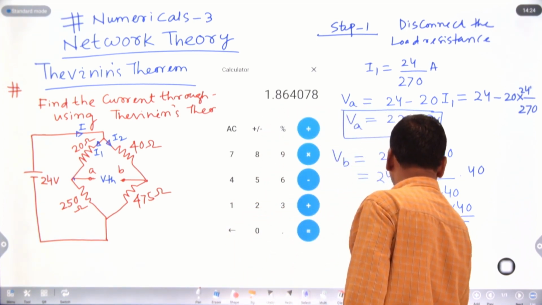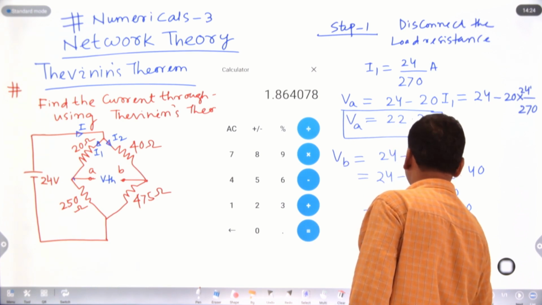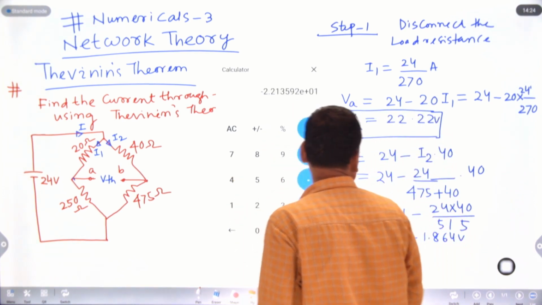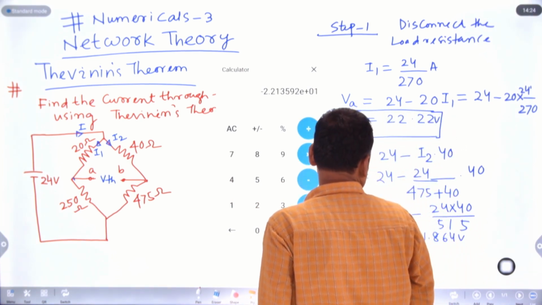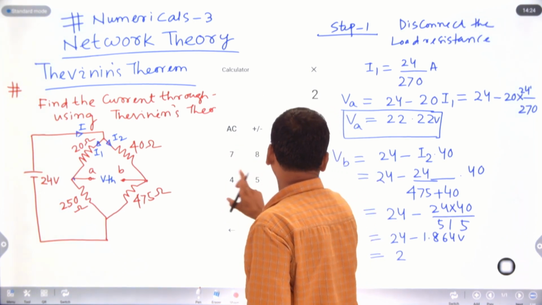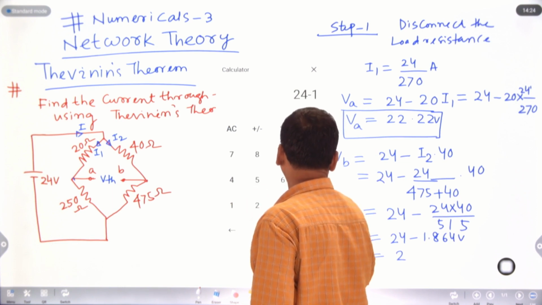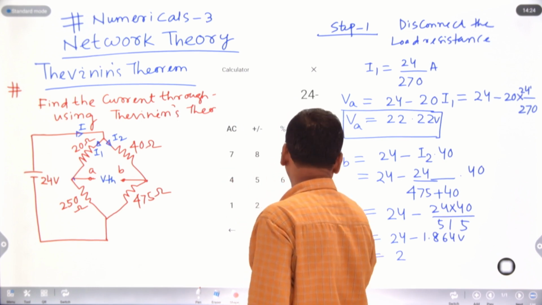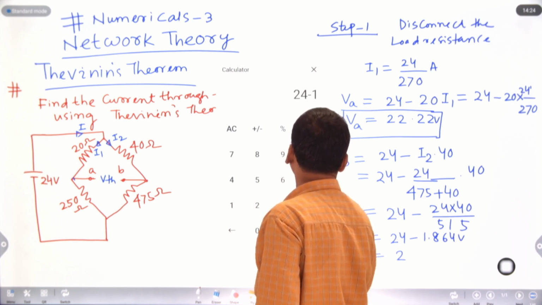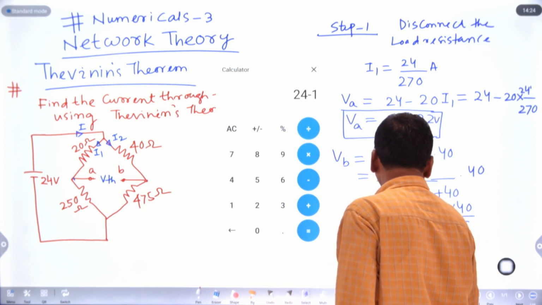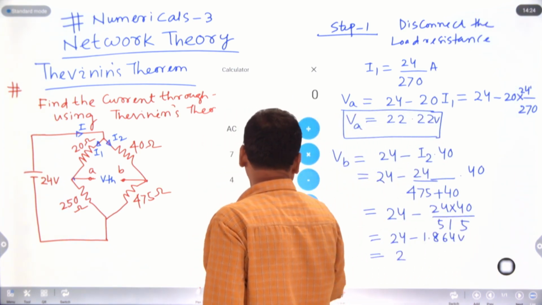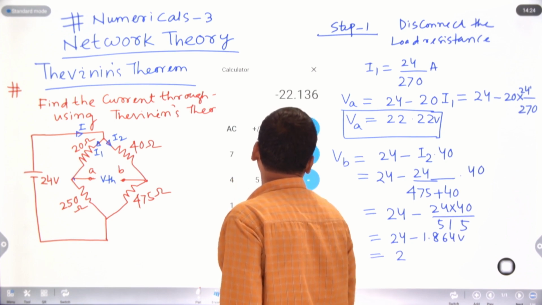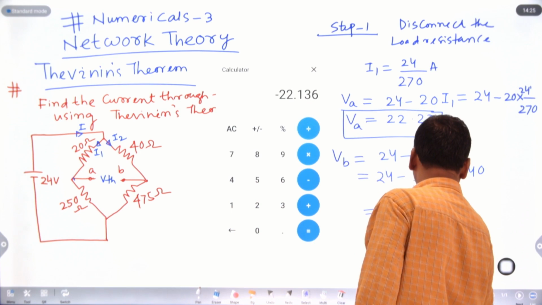So this is nothing but 24 minus 1.864 volt, and the value will be around 22.136 volt.